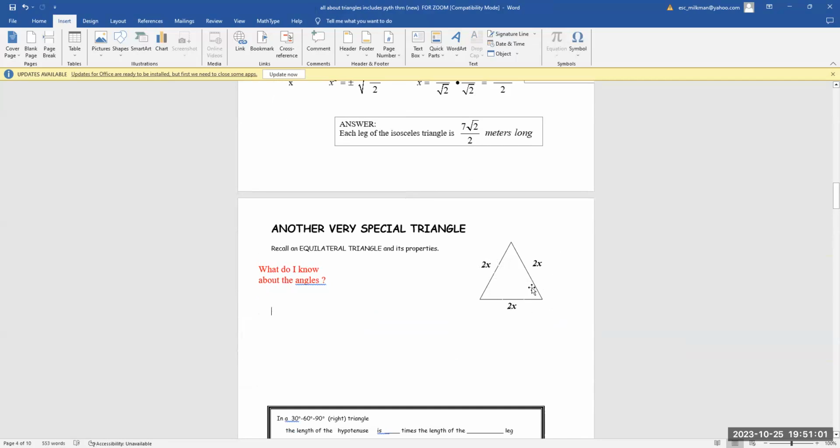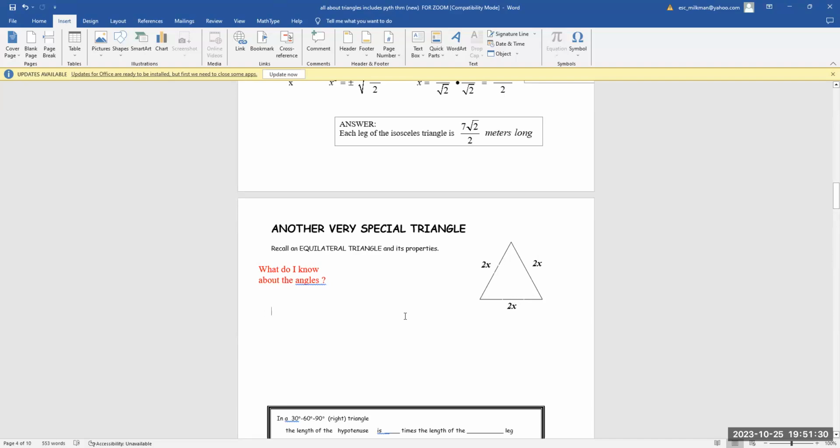And if I looked at this sideways, these two sides are congruent. So my other angles are exactly the same, meaning my base angles here are congruent. So I actually ended up having three angles being congruent to each other. And since all the angles in a triangle add up to 180 degrees, if I take 180 and divide it by 3, each one of these angles happens to be a 60-degree angle.